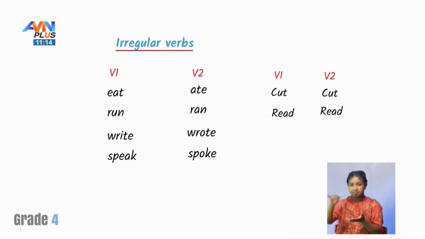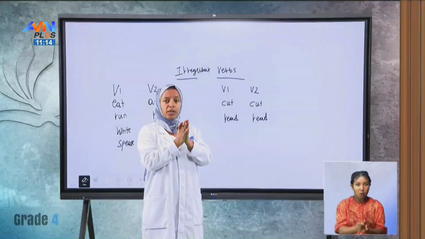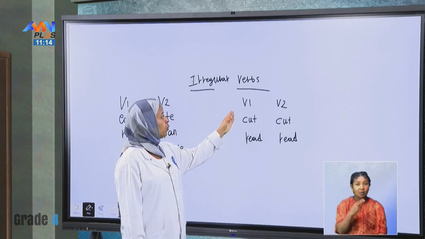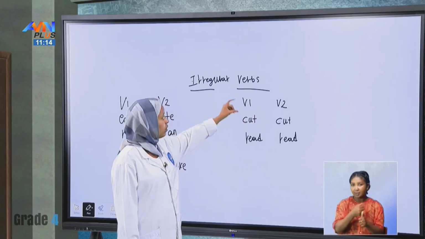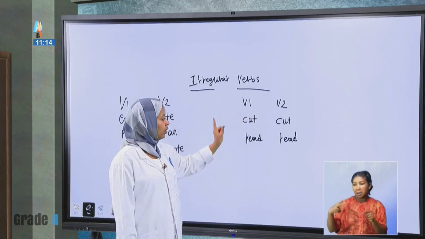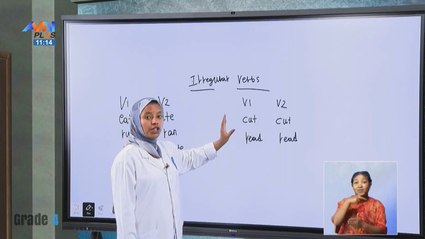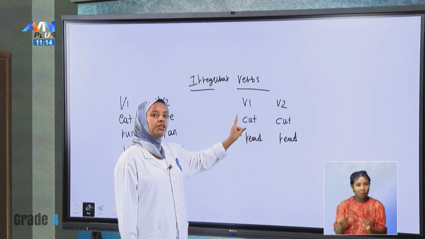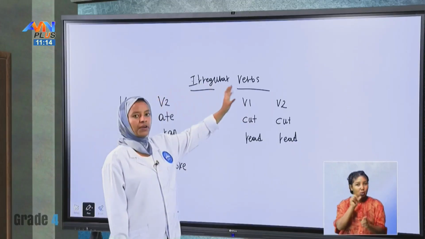So these are all examples of irregular verbs. Cut, cut. Read, read. So these verbs are not changing at all. These are all examples of irregular verbs.